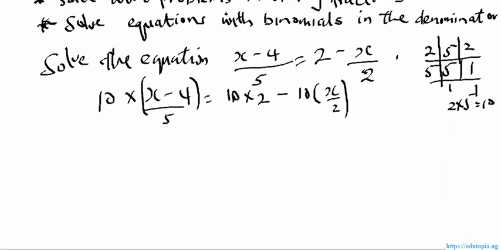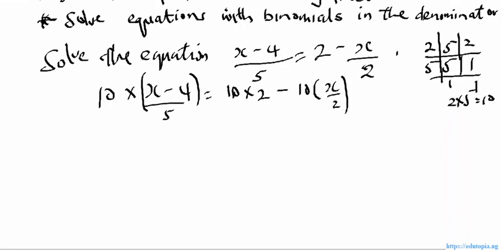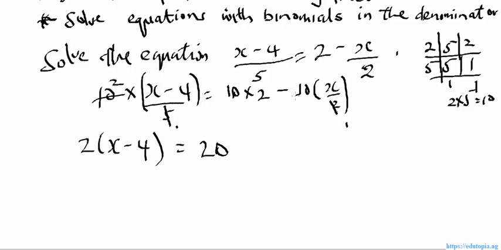So continue. Now 5 divides 10, 2 times, so we have 2 into x minus 4 is equal to 2 times 10, which is 20, minus, 2 divides 10, 5 times, 5x.